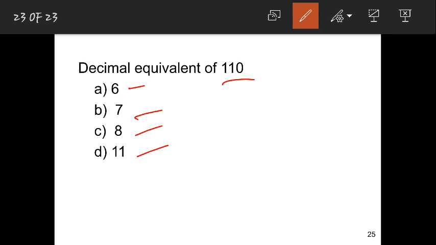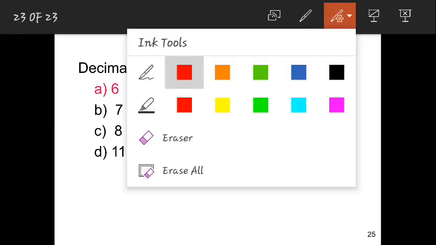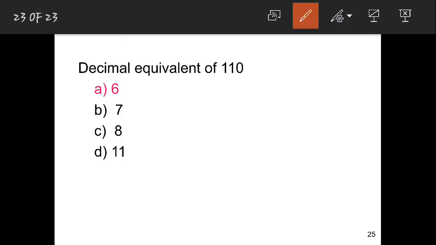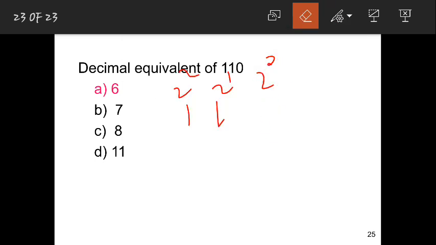After trying, when you resume this, just see the procedure. In the previous video we have seen how to convert binary to decimal. I have already said 1 1 0, so positional weights 2 power 0, 2 power 1, 2 power 2. 2 power 0 is not needed, because this is 0, and 0 into something is 0.